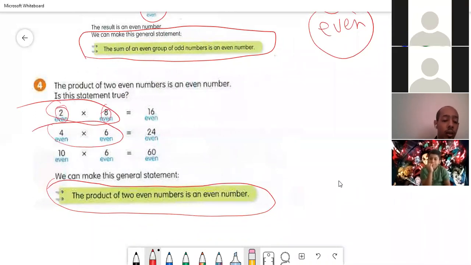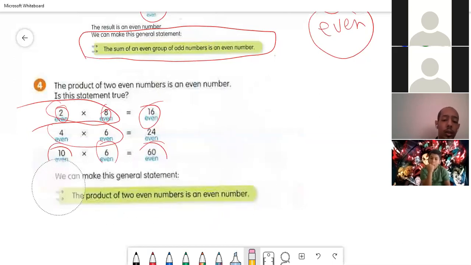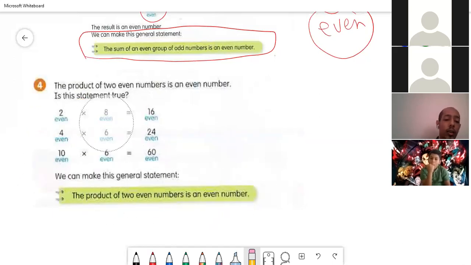Both numbers are even, and the answer is also even. Okay, 10 is even, 6 is even. The answer is 60, which is even. So the product of even numbers is an even number. I think this is easy.